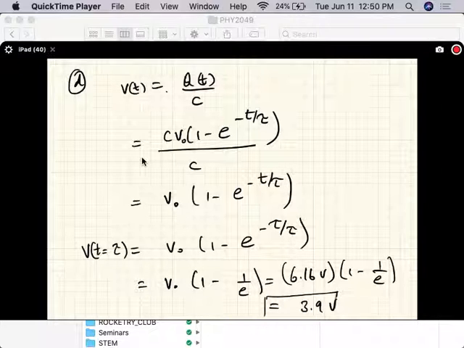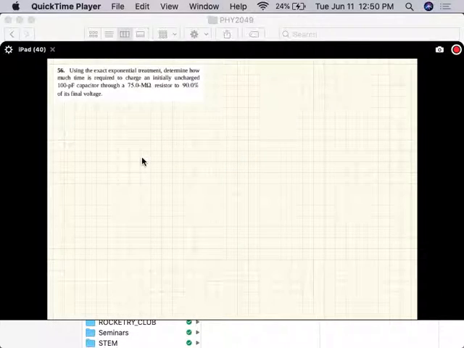So after one time constant, the capacitor is charged to 3.9 volts. Okay. All right.